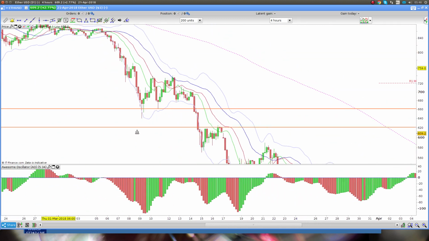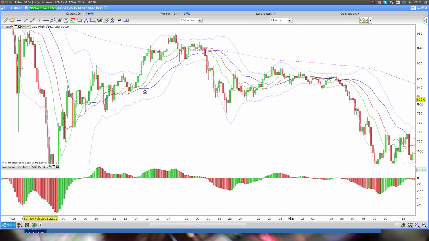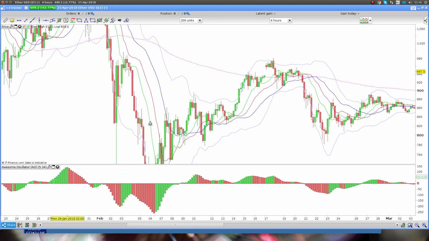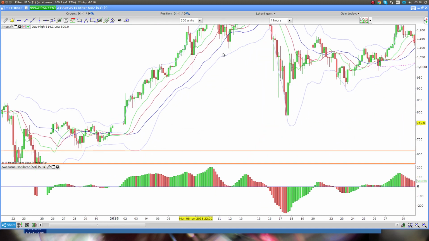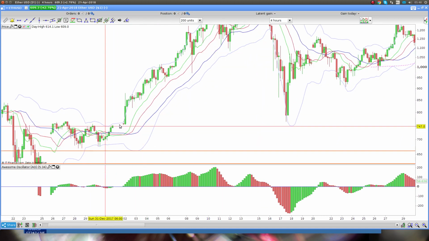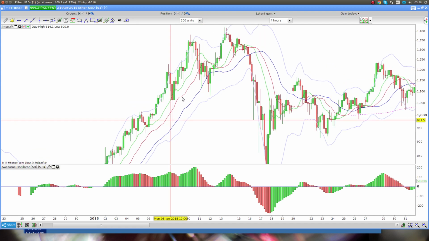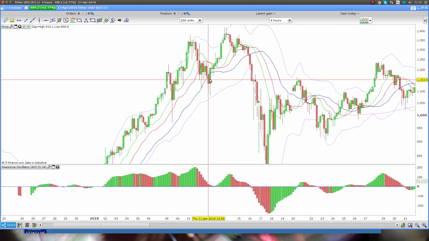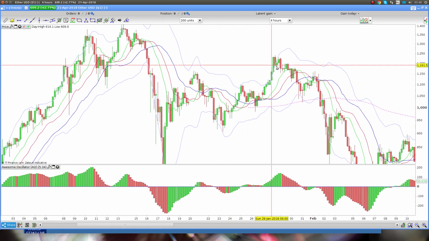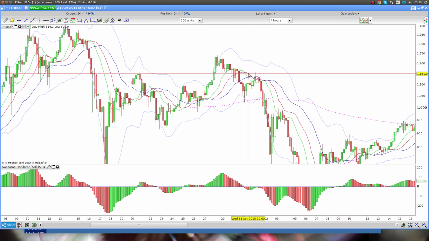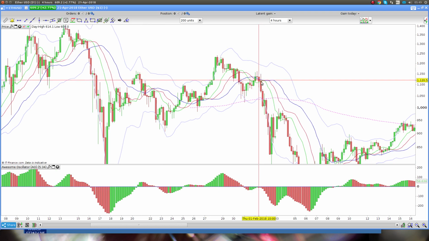If you look on the move to the downside, you can see how you stayed above the blue line, and there was the first warning, and then we broke below. And then you can see how it gets all over the place, but essentially there's a warning there, and we drop below.